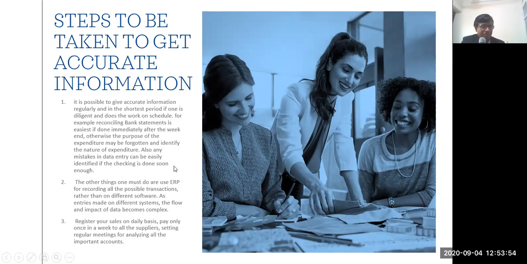So, the bank statement: the statement is received in the first week for the previous month ended, or it could be even weekly. Since it is online, you will not wait for one whole month. You can get statements week by week also. So immediately enter it, because sometimes there is expenditure but we forget to put a proper heading.